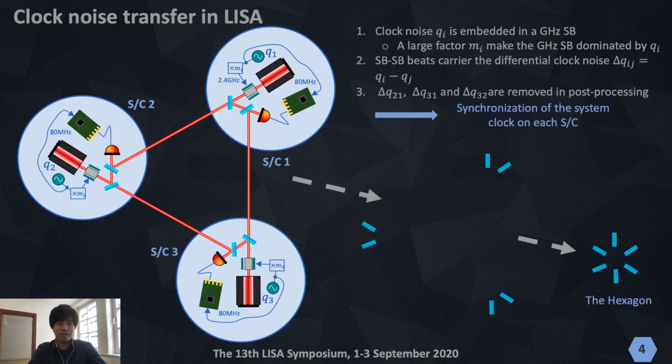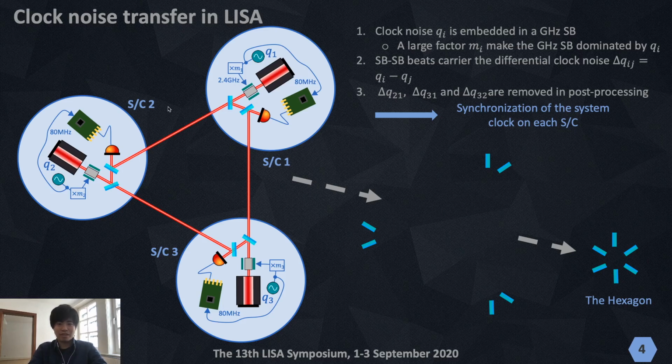So the way to do it is to embed the clock noise in an optical sideband and transfer it to a distant spacecraft. Here the clock noise is embedded in the optical sideband using an EOM. It is transferred to the distant spacecraft, and on the distant spacecraft, the sideband beat notes are made and measured by the Phasemeter in the end.